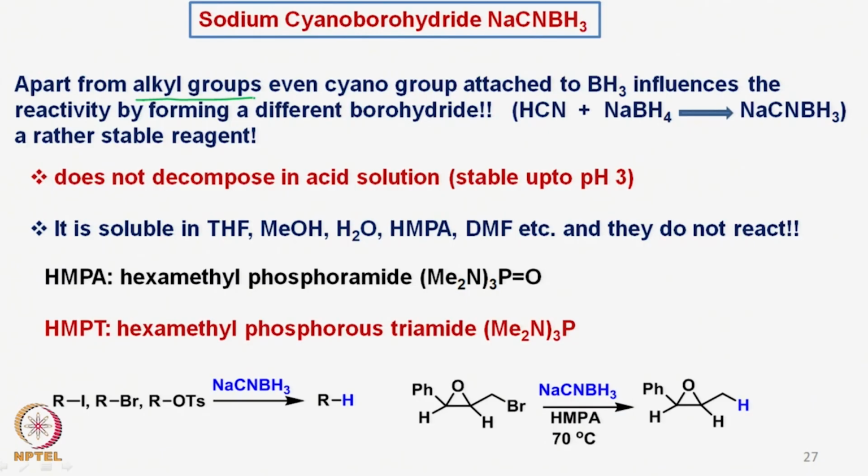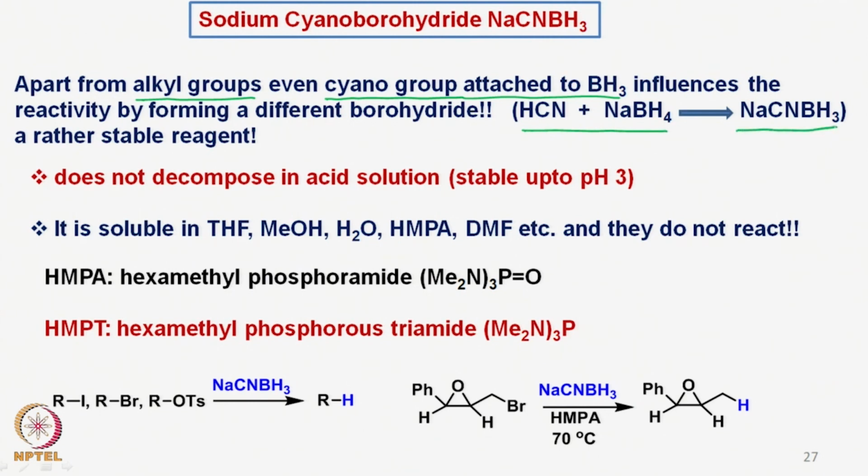But not only alkyl groups can be put as substituents, even an electron withdrawing group such as a cyano group has been introduced and attached to the boron part of the sodium borohydride, which is easily made by reacting sodium borohydride with hydrogen cyanide, and that leads to sodium cyanoborohydride.